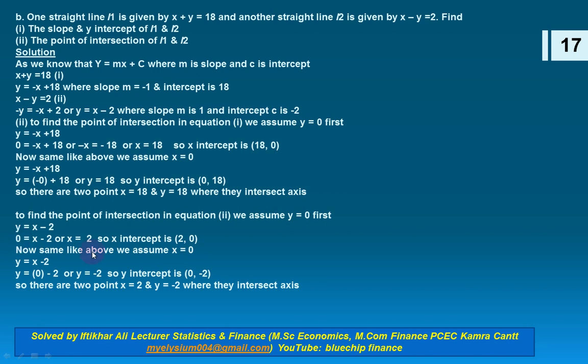So x equals 2, and the x-intercept is 2, 0. Now, same as above, we assume x equals 0, and when we put 0 instead of x, the result is y equals minus 2. So the y-intercept is 0, minus 2. So there are 2 points, x equals 2 and y equals minus 2.